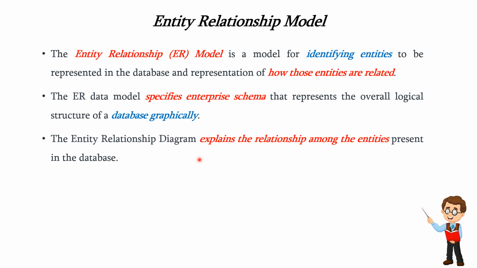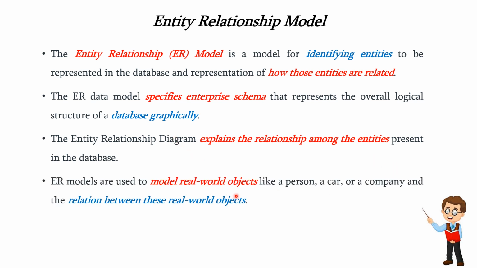The ER diagram explains the relationship among the entities present in the database, and it is also used to model real world objects like a person, car, company, and the relationship that exists between these real world objects. In short, the ER diagram is the structural format of the database.